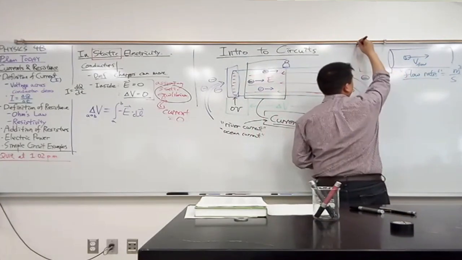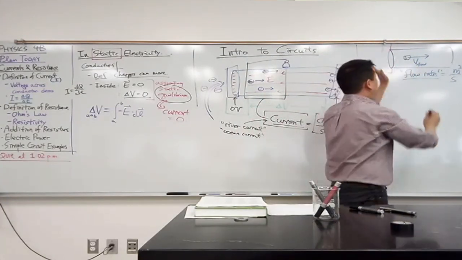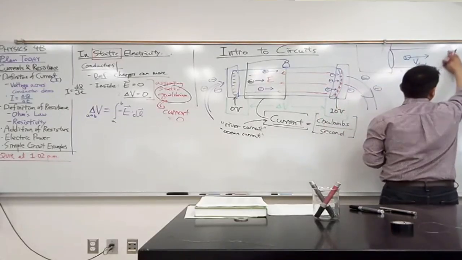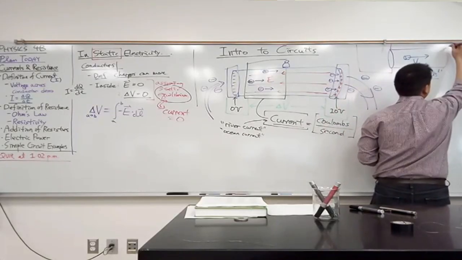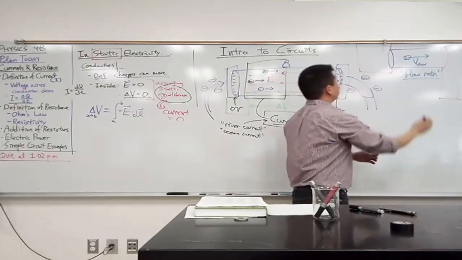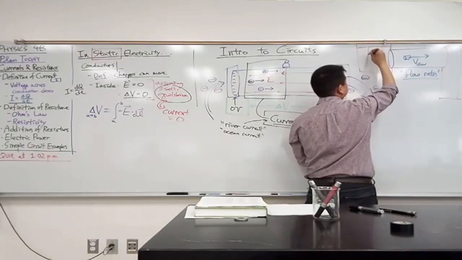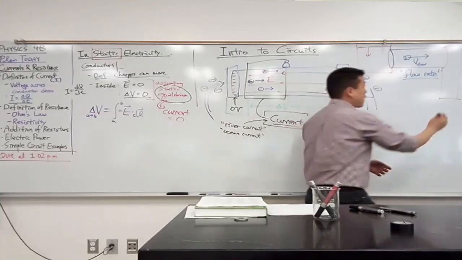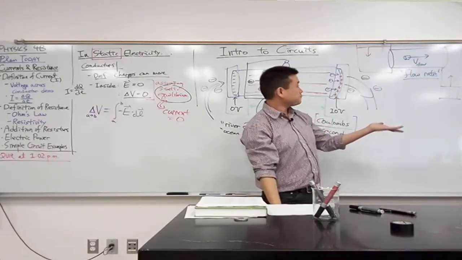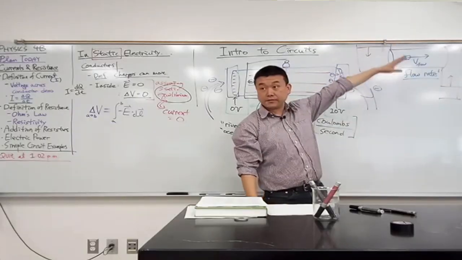Here's a water reservoir that you are drawing water out of, and here's the water reservoir at this other end that you're putting water into. And what you're saying is, you look at how much water this has lost, and how much water this has gained, and it would be the same amount.